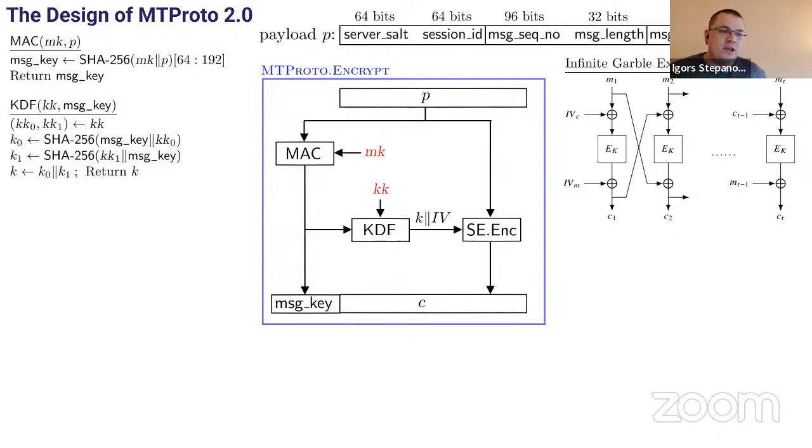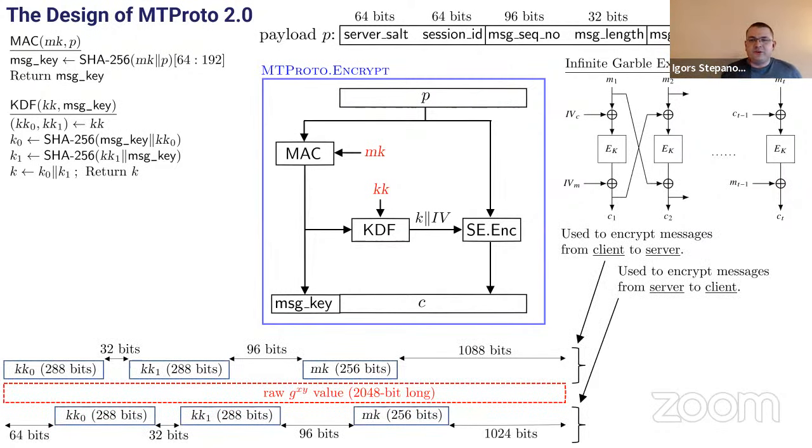The KDF algorithm splits the long-term KDF key in halves. It runs two evaluations of the SHA-256 function. One of them concatenates the message key with the first half of the KDF long-term key. The second concatenates the second half of the KDF key with the message key. And it outputs the concatenation of these two values that it derived.